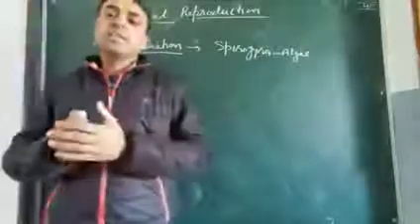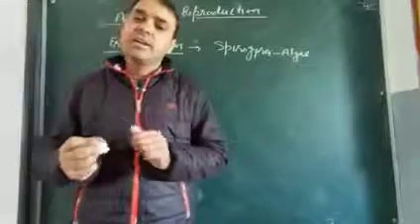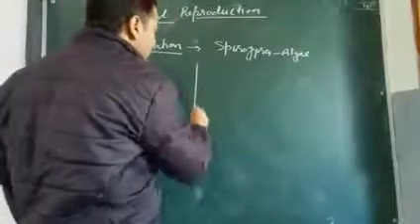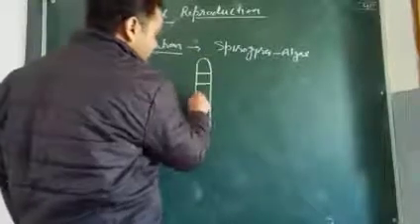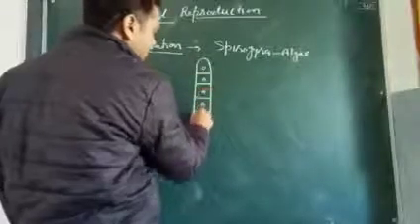This mode of reproduction takes place in organisms having a filamentous body with individual nuclei. If we talk about the filamentous body of Spirogyra, it has this type of structure. It has this filamentous body like a filament, and this has the nucleus.